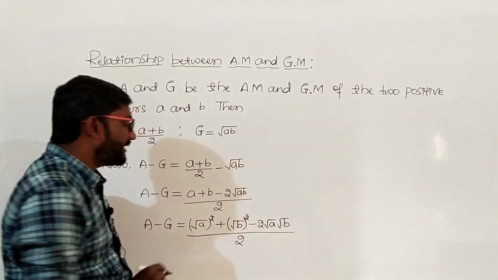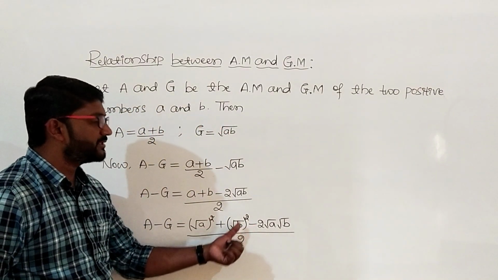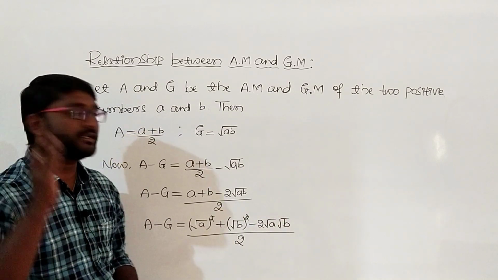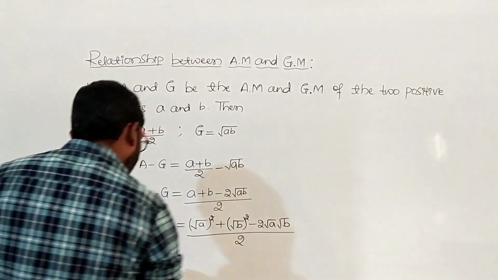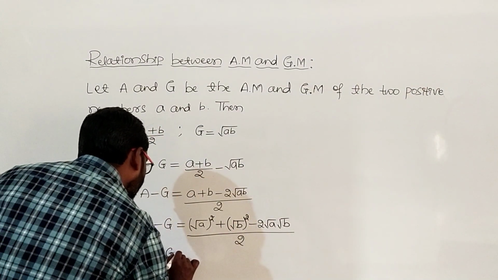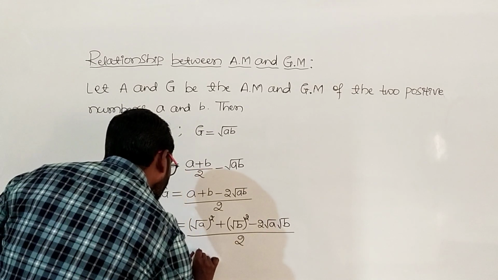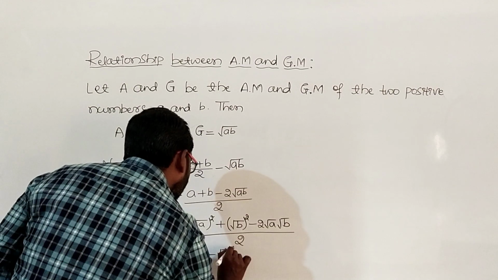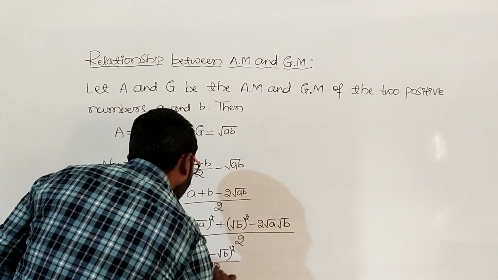Then what is the numerator now? It is in the form of a square plus b square minus 2ab. a square plus b square minus 2ab is nothing but a minus b the whole square. So A minus G is equal to root a minus root b the whole square divided by 2.